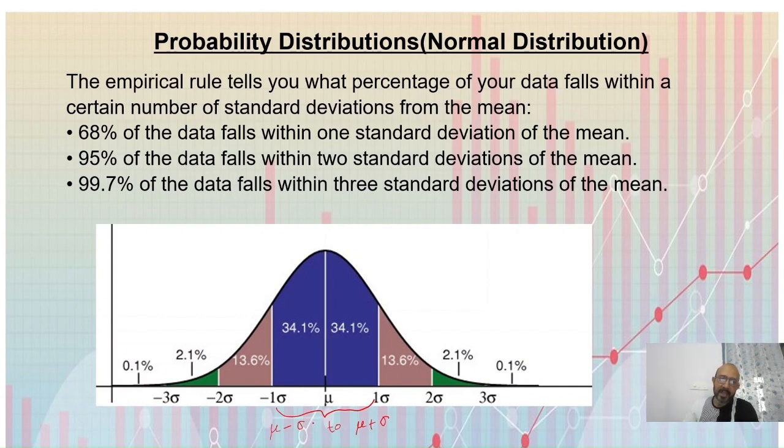And 95% of the data falls within two standard deviations of the mean, mu minus 2 sigma to mu plus 2 sigma.